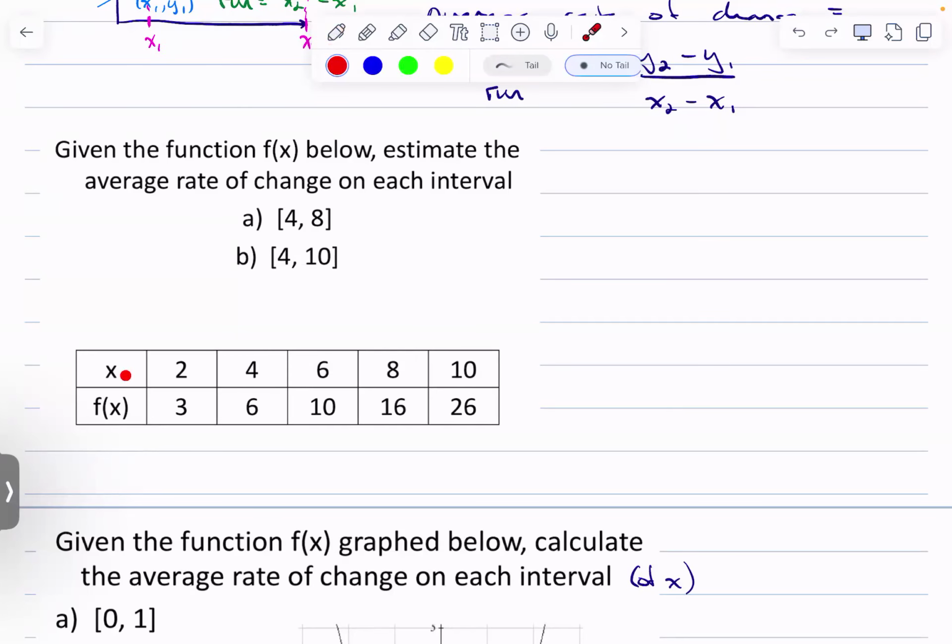Here we have the input in the table and the output in the table. And so it is implied on each interval of x. We always talk about the interval of x, never y.